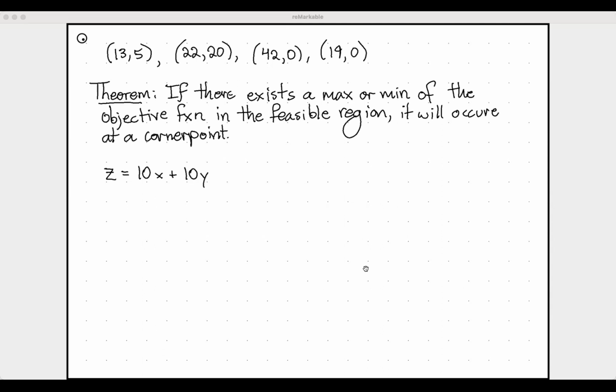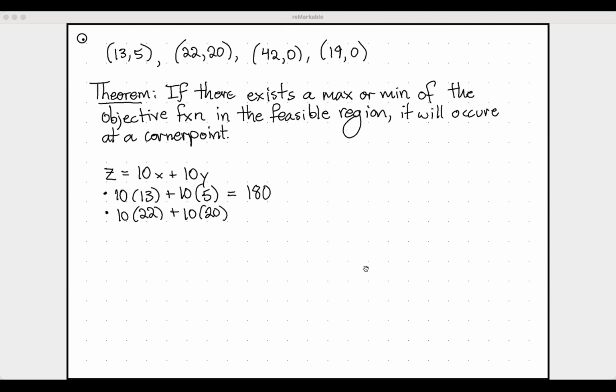So let's see. If I check the first point, well, I won't write Z. The first point will be 10 times my X value, which is 13, plus 10 times the Y value, which is 5. That gives me 130 plus 50, that's 180. My second point, I'll have 10 times 22 plus 10 times 20.